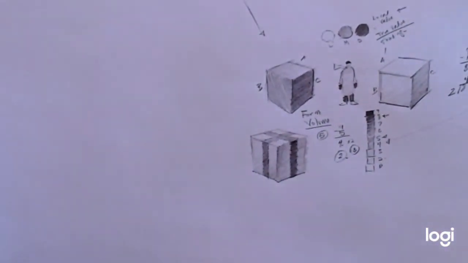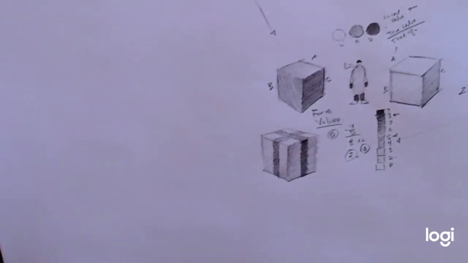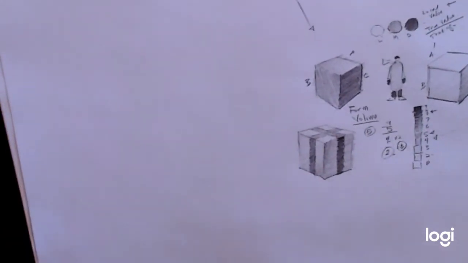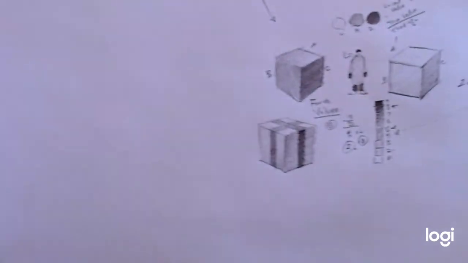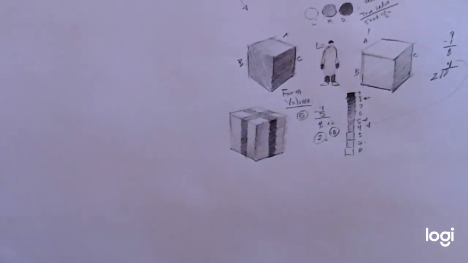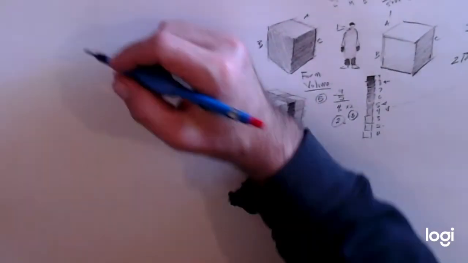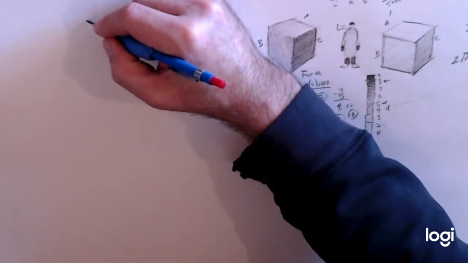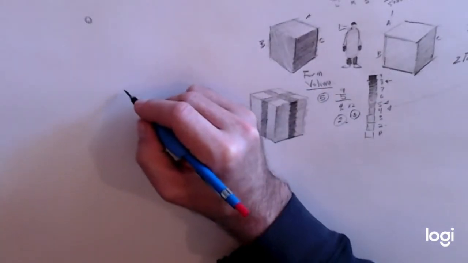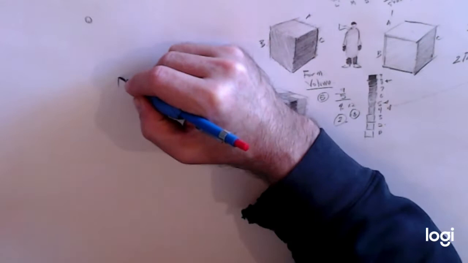The next thing that I want to talk about is what happens when we shift the lighting. So a lot of times when we start to work with lighting, we have a light source and we have an object.